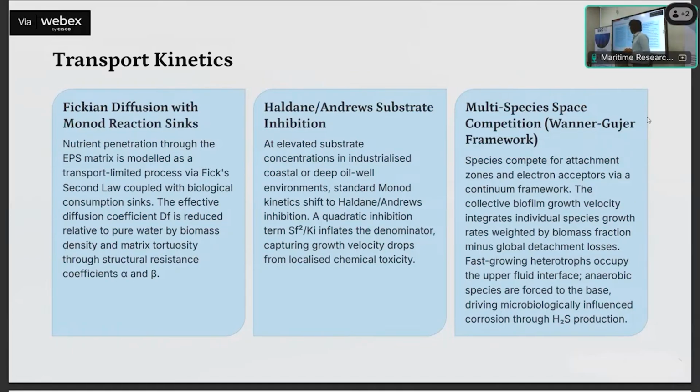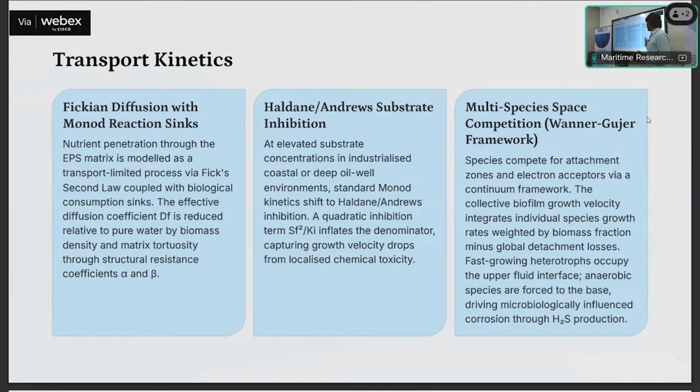Another thing is substrate inhibition due to pollution in the waters. Depending on how polluted the waters are, or what is in the water, sometimes the substrates are inhibited and the biofouling doesn't happen as it should. So that's also a factor I'm considering.